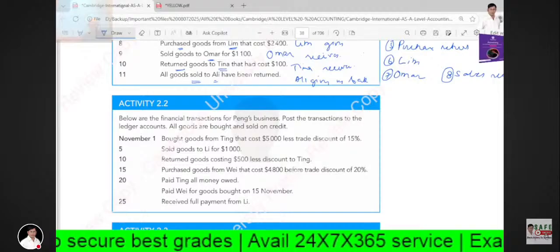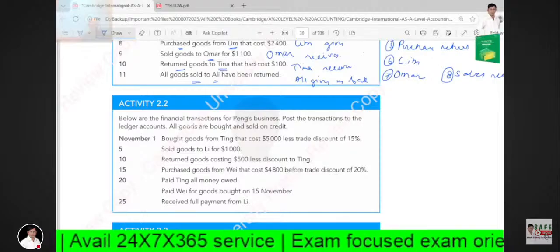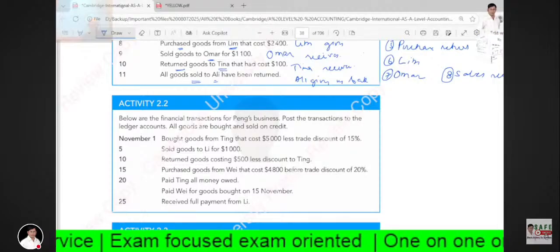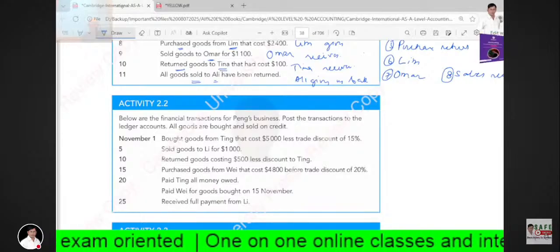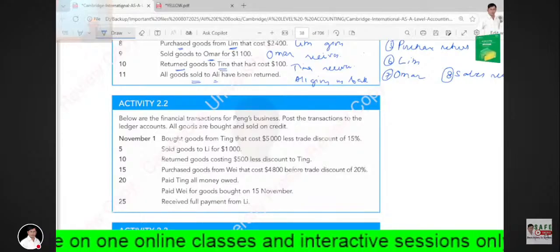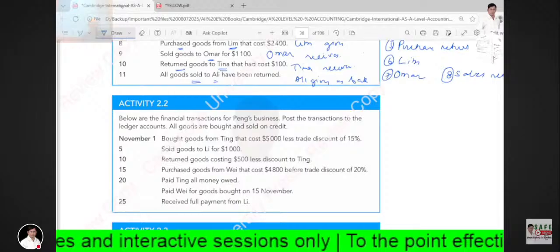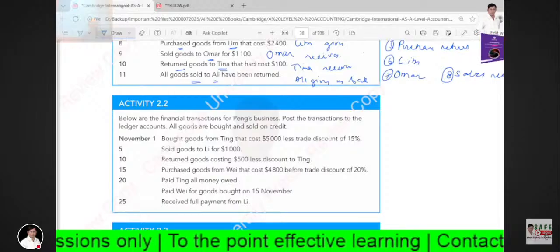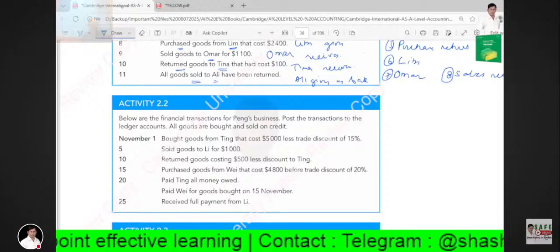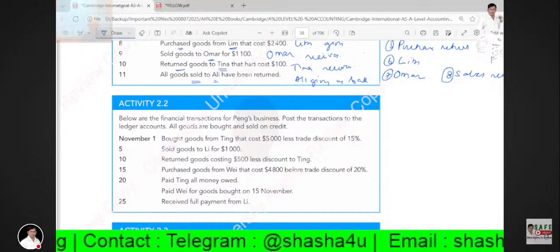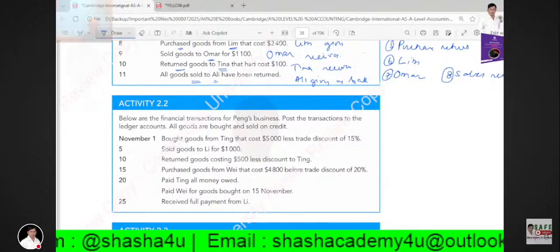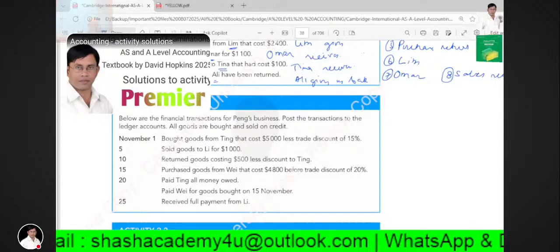Sold goods to Lee for 1,000. Returned goods costing 500 less discount to Ting. Purchased from V goods that cost 4,800 before trade discount of 20%. Paid Ting in full, and on 15 November received full payment from Lee.